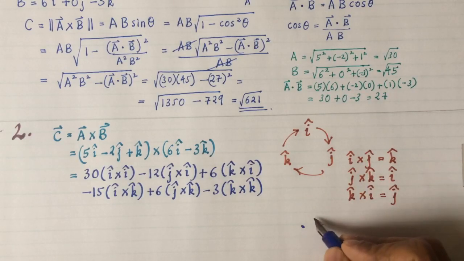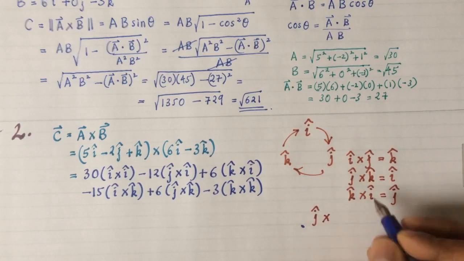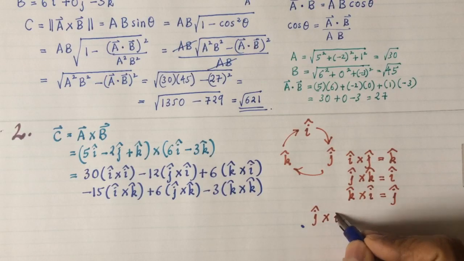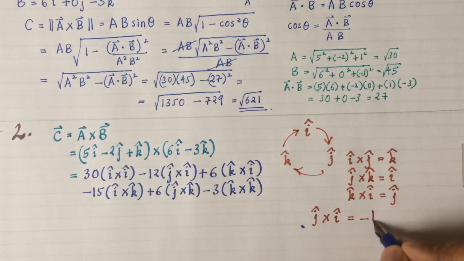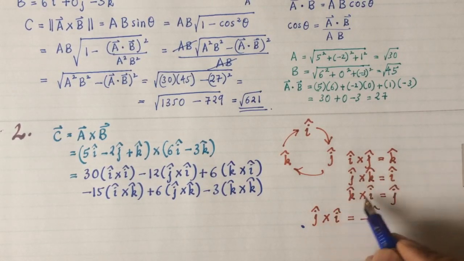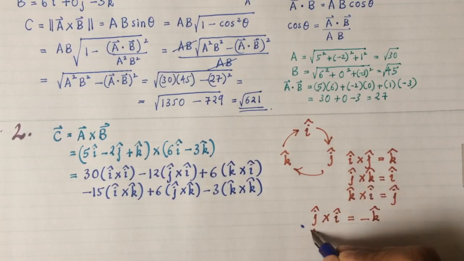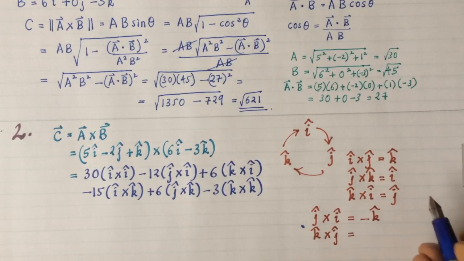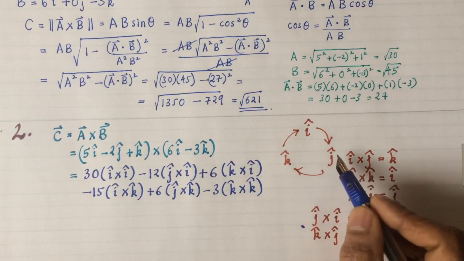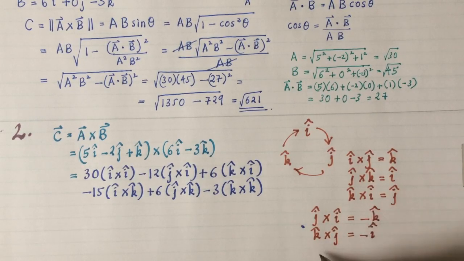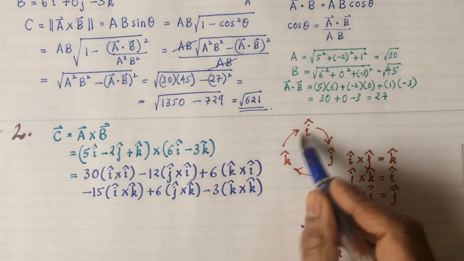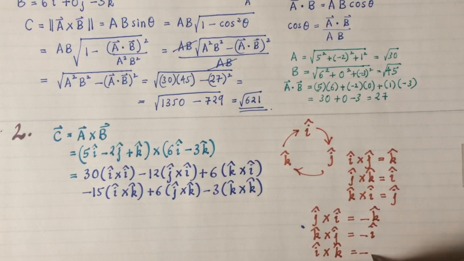So for example, j cross i, well, that's going against the clock, so it's minus k. The other one would be k cross j, and k cross j is against the clock, minus i, and the last one would be i cross k, against the clock, minus j.